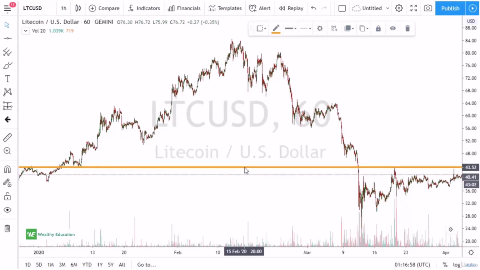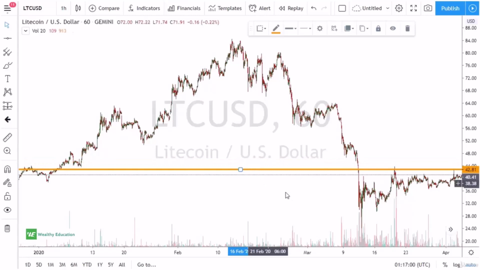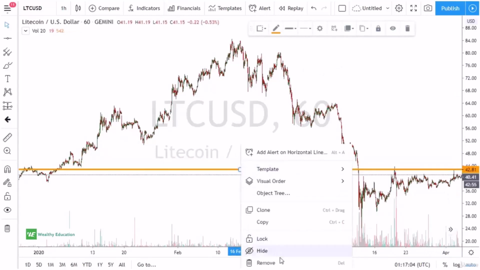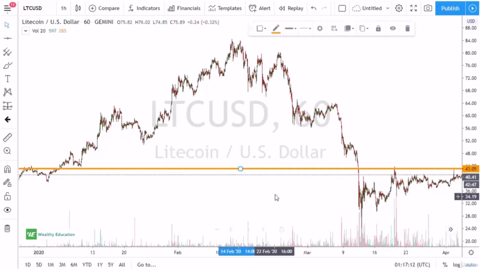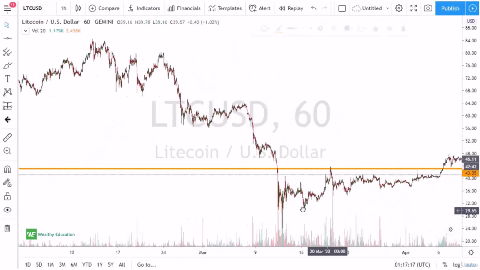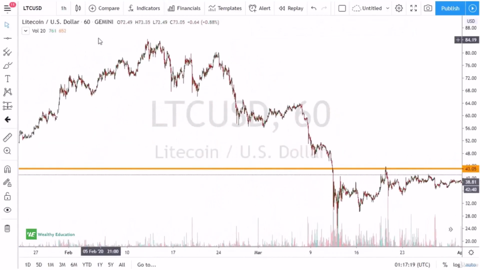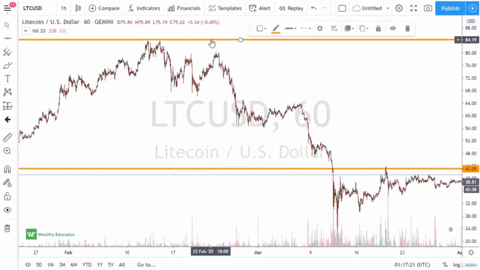So, for example, you can see right here there's obviously some trouble right around the $43 level, and you can see that as price kept trying to get there, it kept running into a lot of issues. You can also make an argument for right around here.